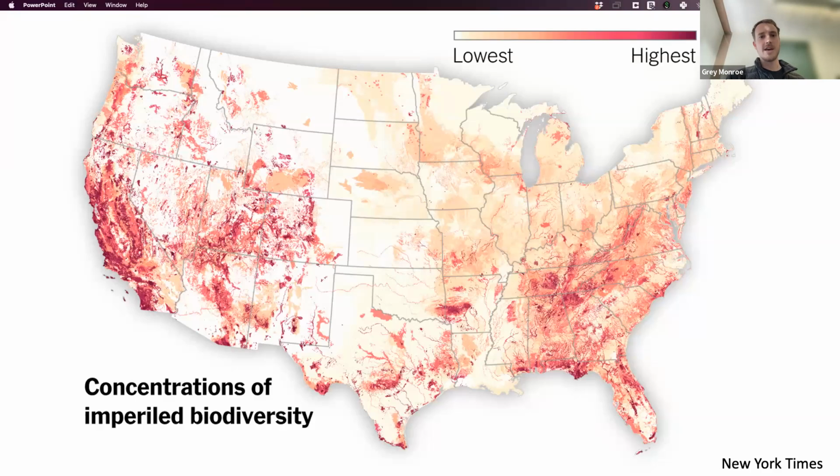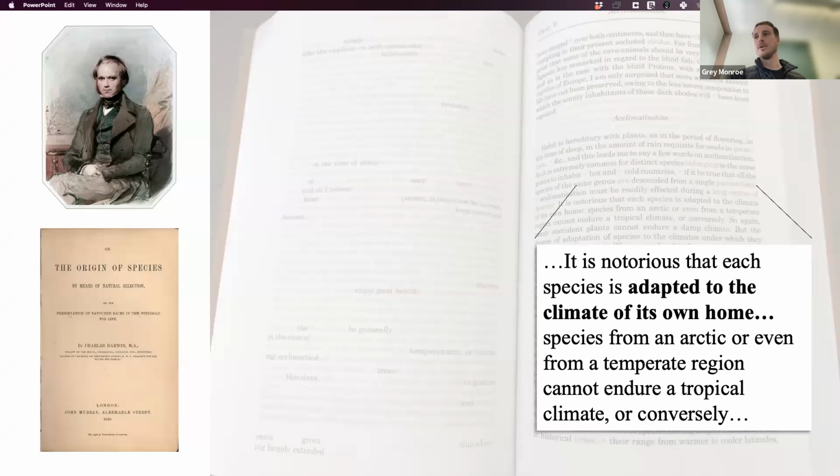Adaptation from an evolutionary sense is something that we've known about for a very long time. If we go all the way back to Charles Darwin's book on the origin of species, it is noted quite clearly that species are adapted to the climate of their home. If you take a species from an Arctic region and a temperate region and try to grow them in a tropical environment, they won't do well, or the other way around.